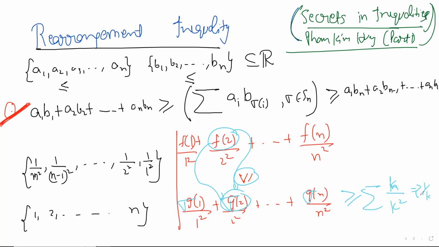Summation 1 by k can be made bigger than any m you want, provided you take n large enough, so it is infinite. That's what the limit being infinite means. It's an infinite sum, but the argument is finite.